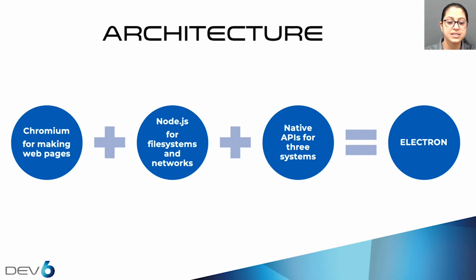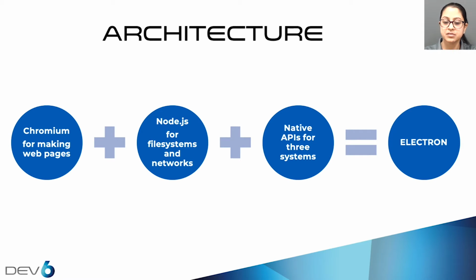The first one is Chromium, which will be used for making the web pages, and second is Node.js, as we spoke about earlier, which will be used for your file system and networks, or maybe you can think of it for talking to the underlying operating system. We will be using Node.js.